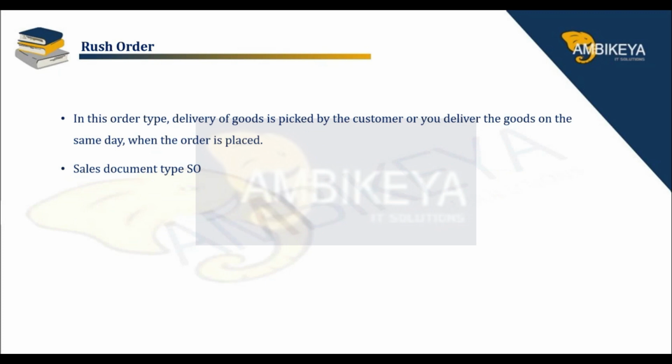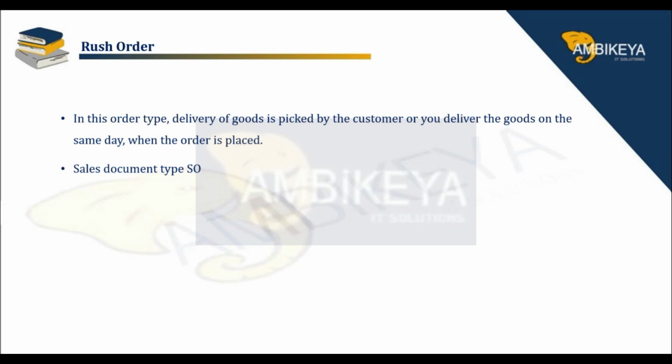Something about rush order. A rush order is when you want to deliver the goods very quickly. You cannot wait for 3-4 days, taking the seller's own sweet time. You want the goods quickly, so they're delivered to you on priority, and on the same day as well.